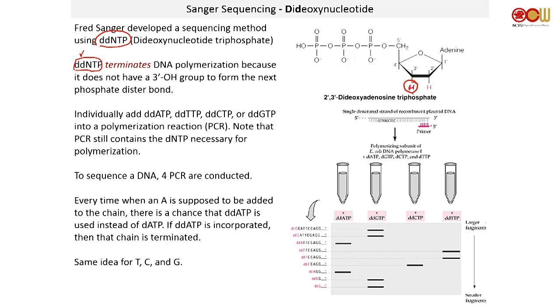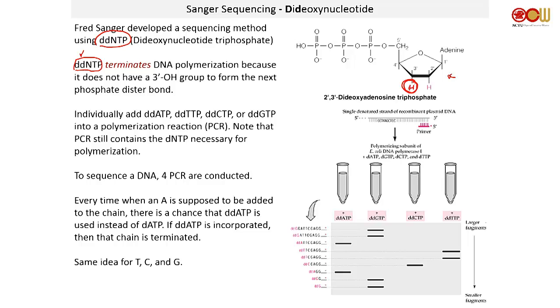It lost the 3' hydroxyl group, so if the growing chain of DNA incorporates this into it, then you no longer have a 3' hydroxyl, and you can no longer add another base onto this growing chain.